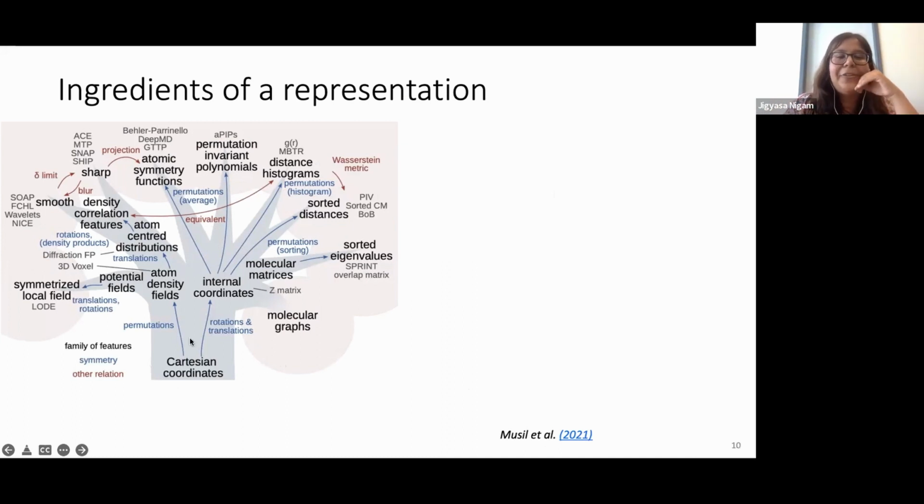So again, we are trying to represent in some way Cartesian coordinates of our structure, and we do so by incorporating different sorts of symmetries to different extents. And that leads to this variety of representations that are more or less telling you the same idea. And okay, again, at the same time, you have to remember that this alternative set of schemes which form the end-to-end models also exist on top of this framework.